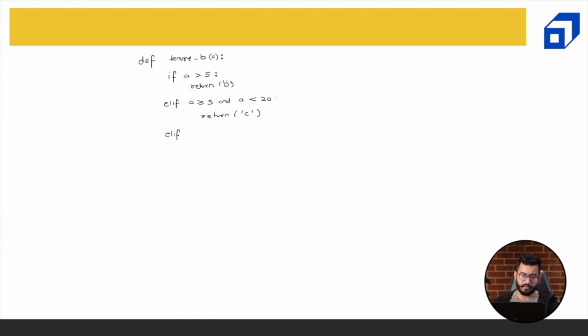Then if the value is greater than or equal to 20 and the value is less than, let's say 50, then return b.